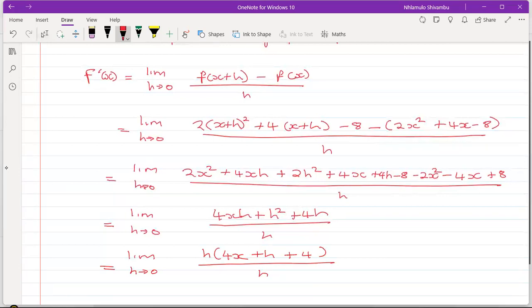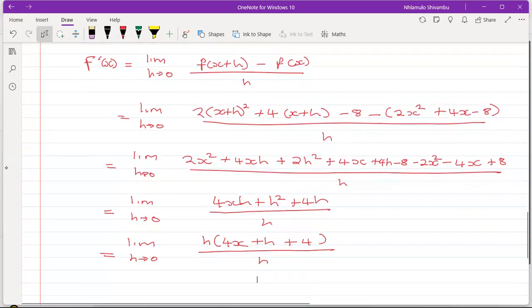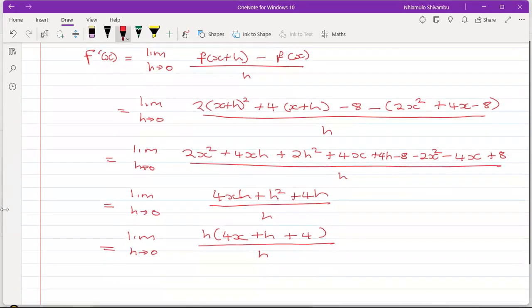Now, since you have taken out the common factor, you can see that the h in the denominator and the h in the numerator, when we divide them, we're going to get a 1, which a lot of people interpret as canceling out. So we're going to say they cancel out, because that is the normal language that people use. If they cancel out, I'll be left with the limit as h approaches 0 of 4x plus 2h plus 4.